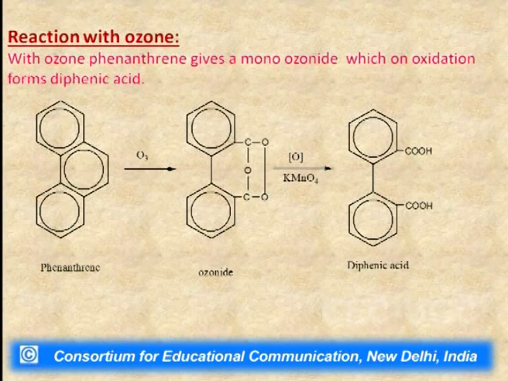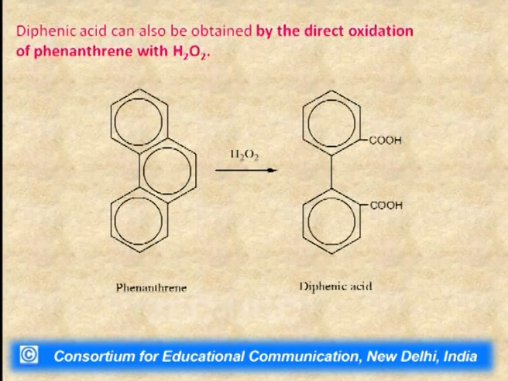Phenanthrene can also be oxidized using ozone. When phenanthrene reacts with ozone, first it forms this ozonide, this is the monoozonide, which on reaction with KMnO4 will give us a diphenic acid. This is the diphenic acid, this is the oxidized product of phenanthrene. This diphenic acid can also be prepared directly from the phenanthrene by its direct oxidation with H2O2, hydrogen peroxide.